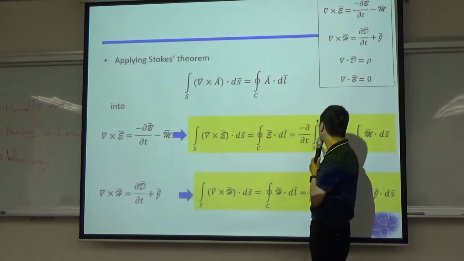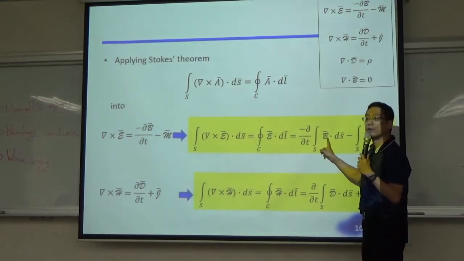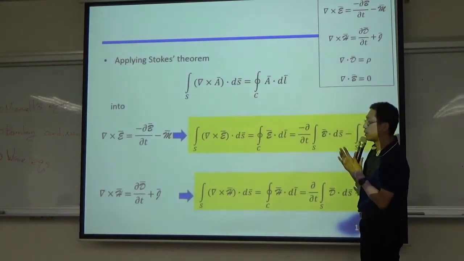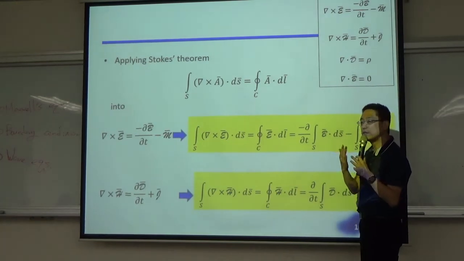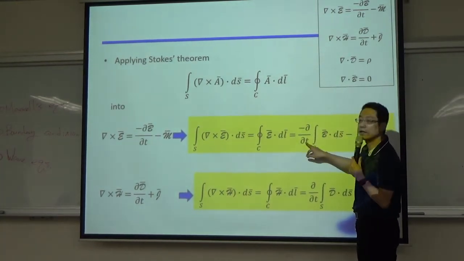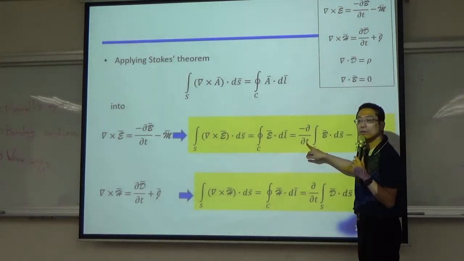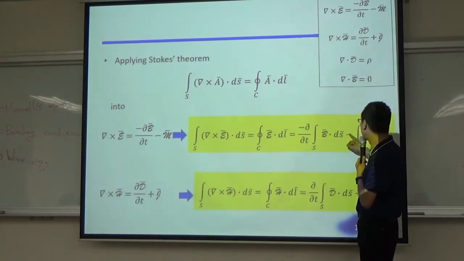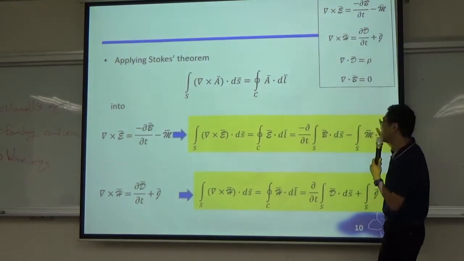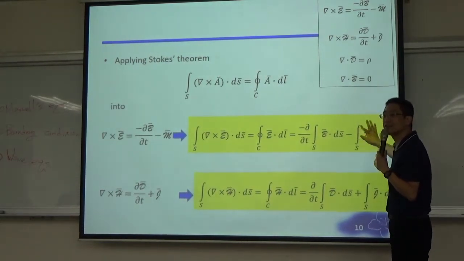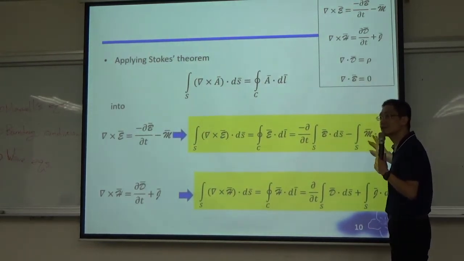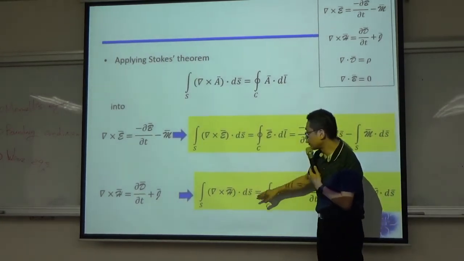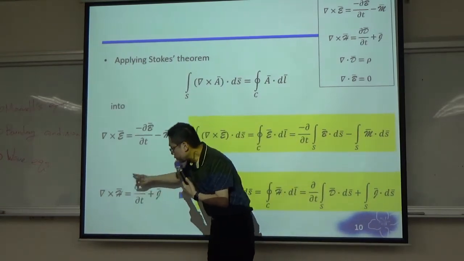The answer will become also the B. You have the surface integration, and this result, you take the partial to time, and there's a minus sign. This one is fictitious. This is non-existent. This doesn't exist.